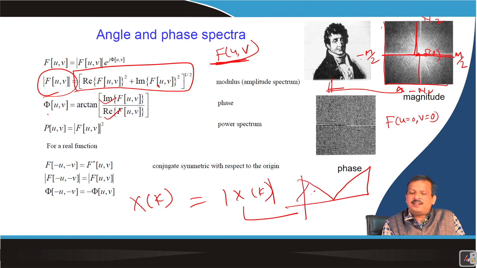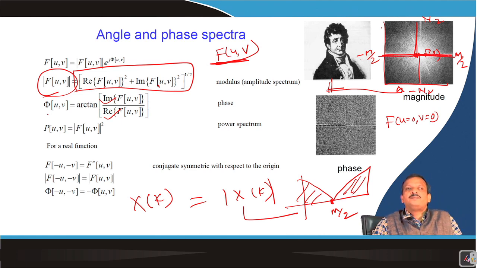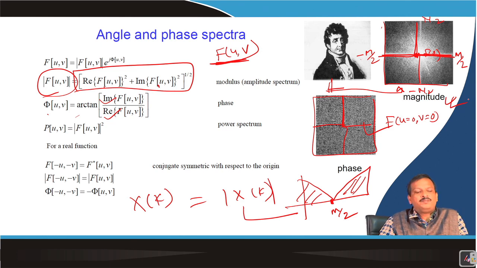This portion and this portion are the same. Now, this portion is the center portion M by 2, so I make this M by 2 my 0 point. So, this side is only a sign change, this side is only a sign change. Similarly, if I plot only the phase part, I again get this kind of image. So, this is the phase part and this is the magnitude part.